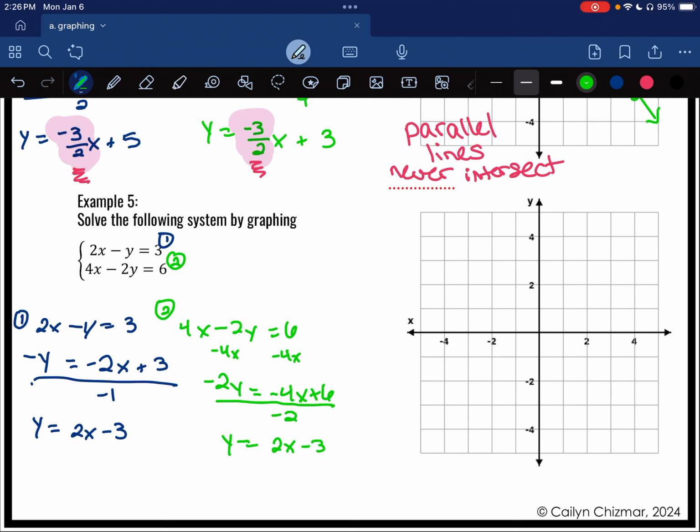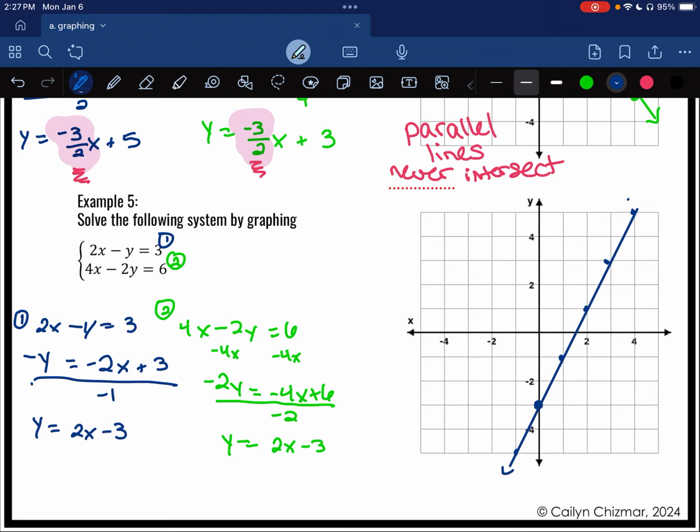All right, so now I've got, oh boy, what do you notice here? If I graph that first one, its y-intercept is negative 3, with a slope of 2. So there's that one.